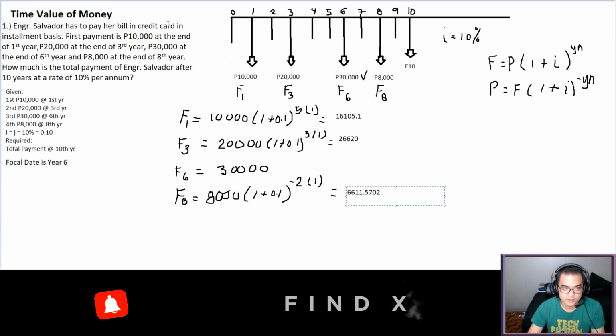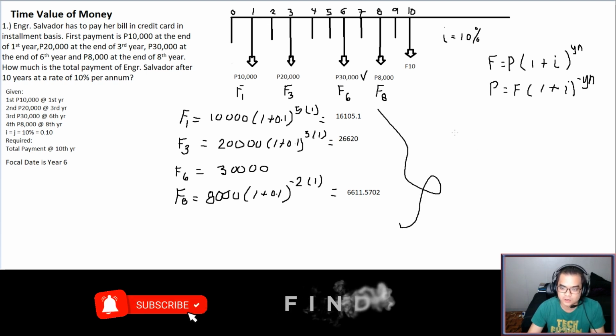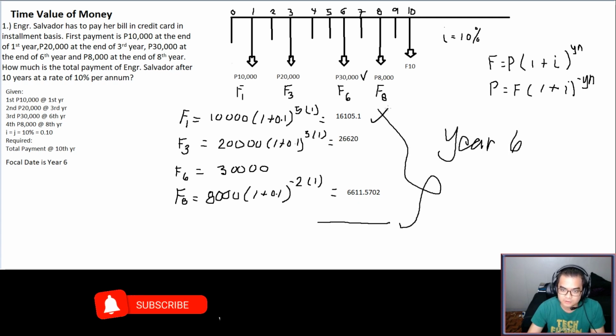Again, all of these values are at year 6. Therefore, we can already add this one, this one, this one, and this one.